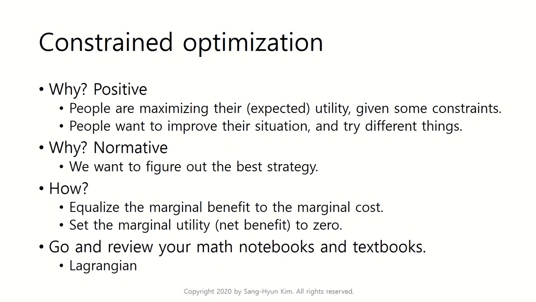So then, what's the point of talking about this maximization? But I want to defend this assumption and the practices in economics by this. People want to improve their situation, and they try different things.